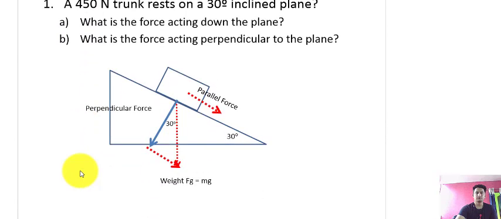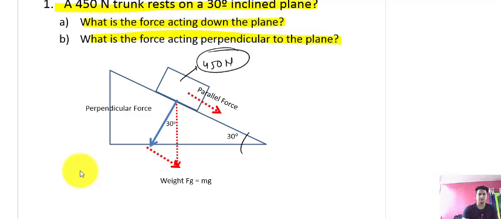Now, this is the first question: a 450 Newton trunk rests on a 30-degree inclined plane. You need to find the force acting down the plane and the force acting perpendicular to the plane. In this numerical, the angle is given as a 30-degree incline, and for the 450 Newton trunk, the weight force is 450 Newton.